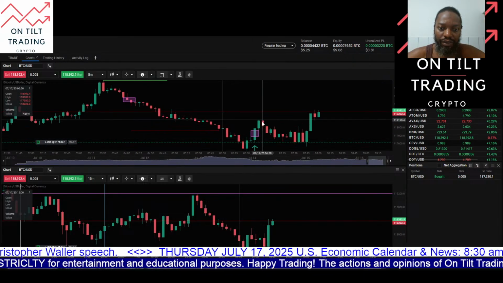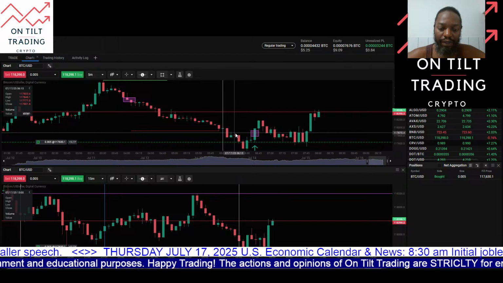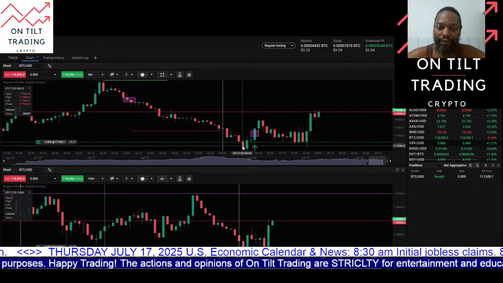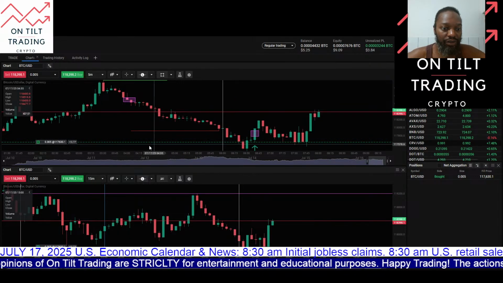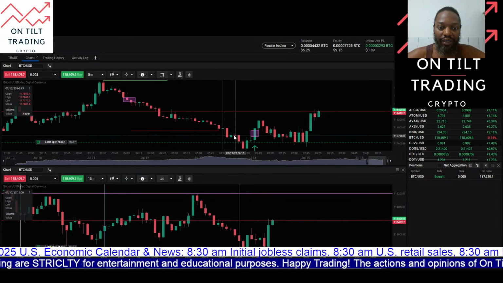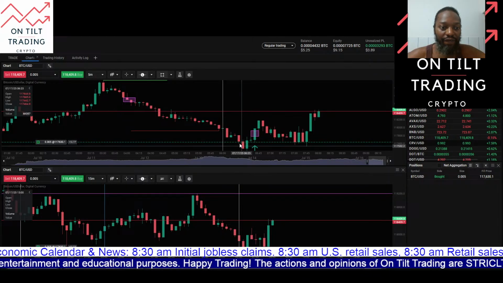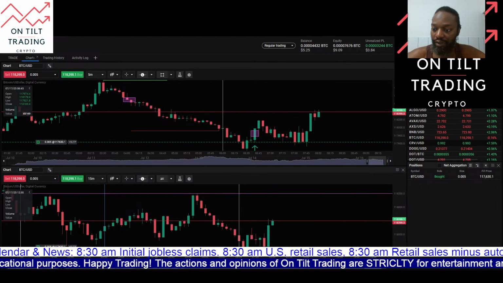So this creates the fair value gap in the candle series. In addition to the sweep of liquidity, you're seeing a bullish fair value gap formation here.